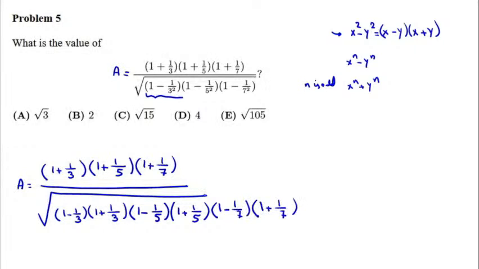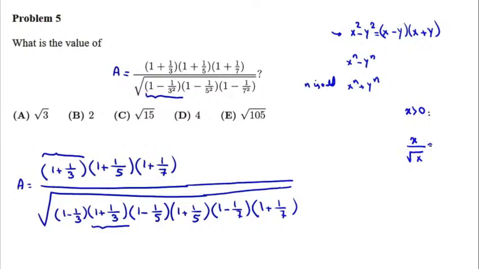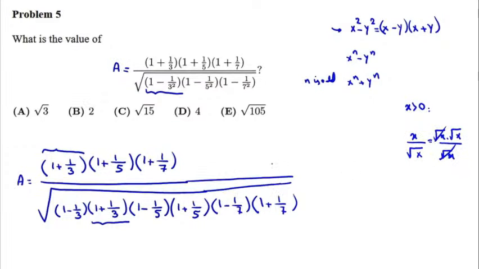If you want to simplify, you will see that we have this part, 1 plus 1 over 3, and exactly this part in the square root. We know that if x is positive, x over the square root of x, because x is the square root of x times the square root of x, you can cancel, and the square root of x will be left.